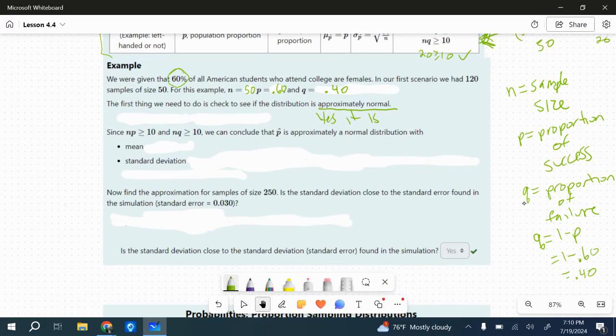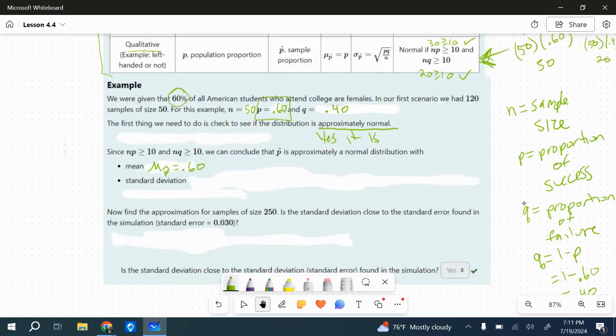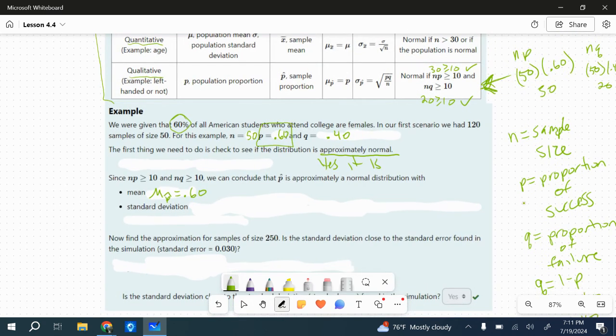Now we conclude that p hat is approximately a normal distribution with our mean. Remember, our mean of p hat is equal to p. Up here we said that p was 0.6, so our mean is 0.60. We want to find the standard deviation as well. The standard deviation formula is right here: the standard deviation of p hat equals the square root of p times q divided by n.